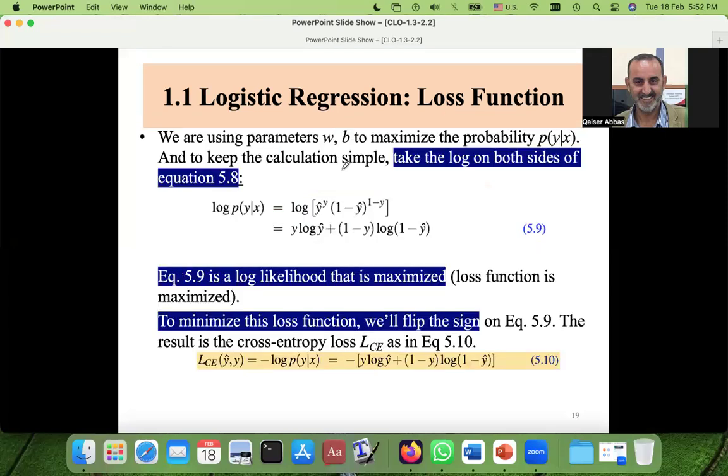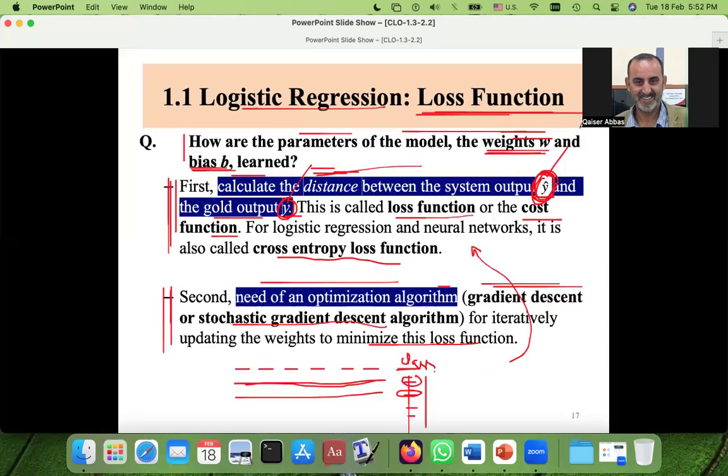When we are calculating this probability of y given x, if you remember the previous lecture, we were multiplying x with the weight.